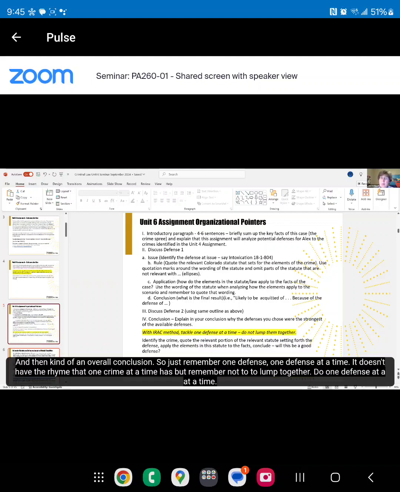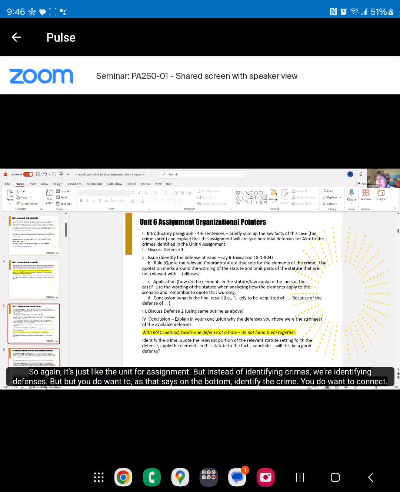So just remember, one defense at a time. It doesn't have the rhyme that one crime at a time has, but remember not to lump together, do one defense at a time. So again, it's just like the Unit 4 assignment, but instead of identifying crimes, we're identifying defenses. But you do want to, as that says on the bottom, identify the crime.